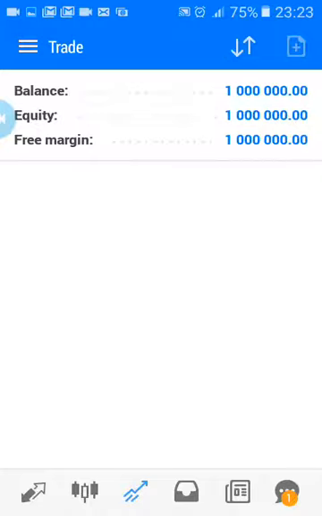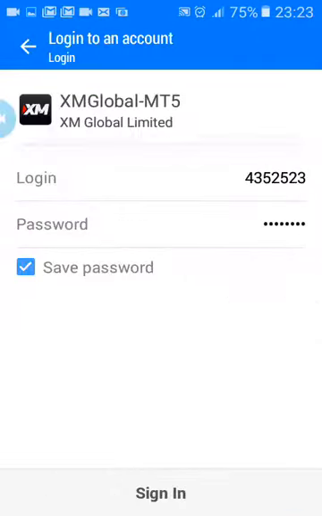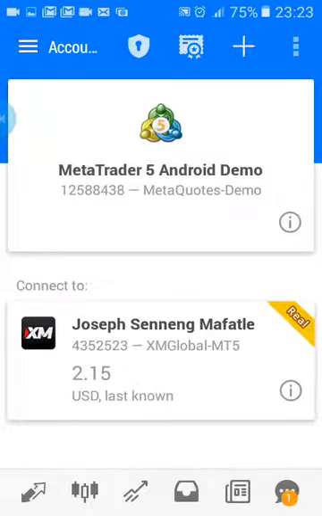Okay, so when I go to my real account, this one, XM. Okay, let me show you what you do. As you downloaded your Meta Trader 5, they have given you a Meta Trader demo. Now you need to log in your initial live or real account. So as you are loading your real account, you will go through this plus sign.